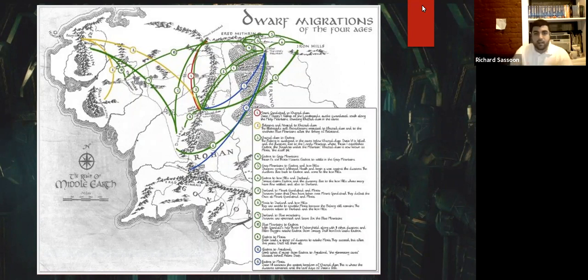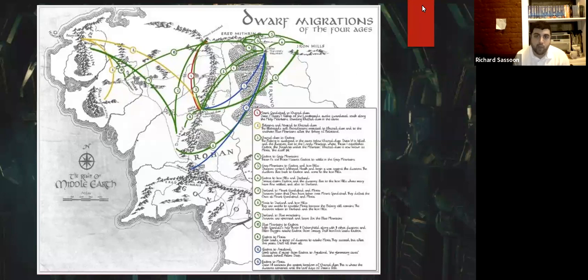So you have this constant moving of dwarves. You can in fact see the final migrations in blue, right? There's the migration back to Moria, and there's also the migration to Aglarond, the Glittering Caves in Helm's Deep, where Gimli decides to have a small dwarvish clan of his own. So you have this sort of constant migration from place to place because of ensuing tragedies at each place, right?